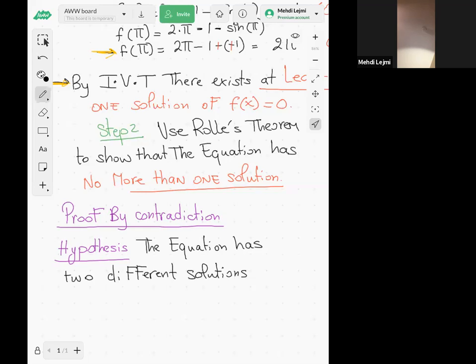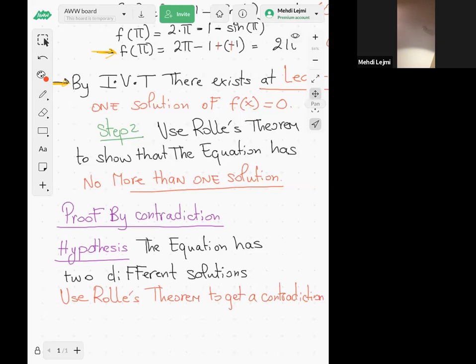And if you cannot have two different solutions, it means that you have no more than one solution. Okay, so now I'm going to use Rolle's theorem to get a contradiction. I have this hypothesis that I have two different solutions.